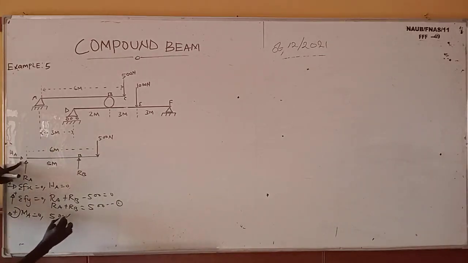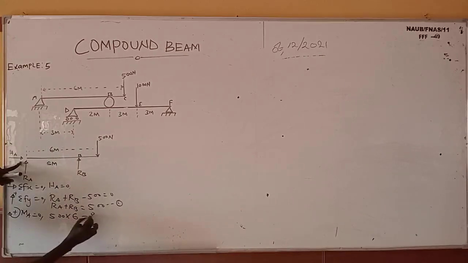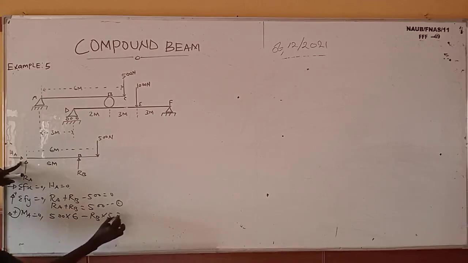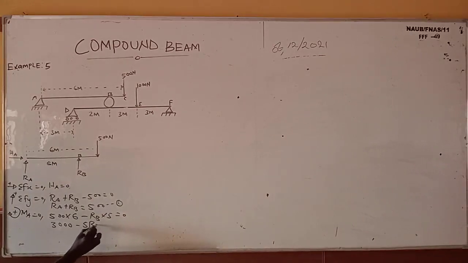So 500 times the distance it covers, which is 6, minus arrow B times 5 equals 0. So 6 times 5 is 30, so this is 3000 minus 5 arrow B equals 0. So 5 arrow B is equals to 3000.